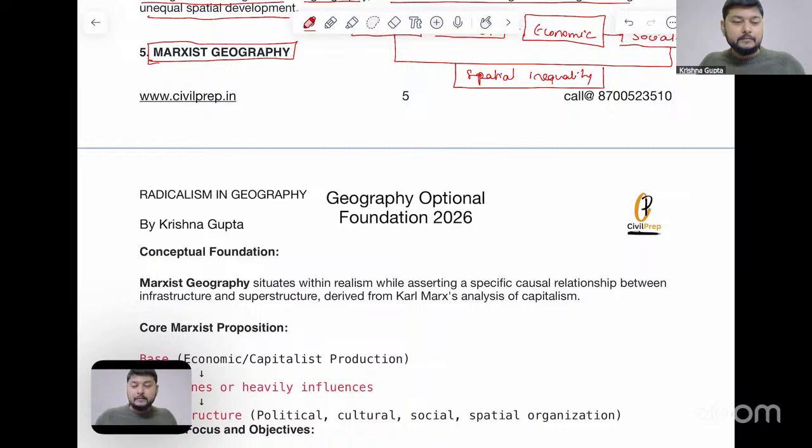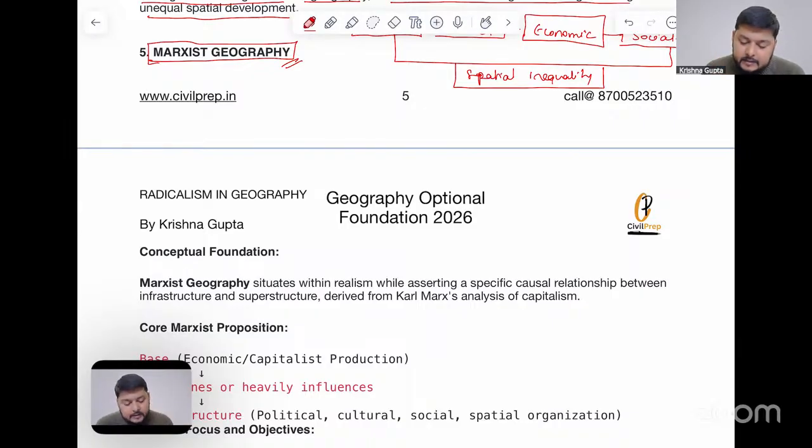Any doubts here? Cleared. Okay, very good. Now, let's move to the next topic, that is Marxist geography.